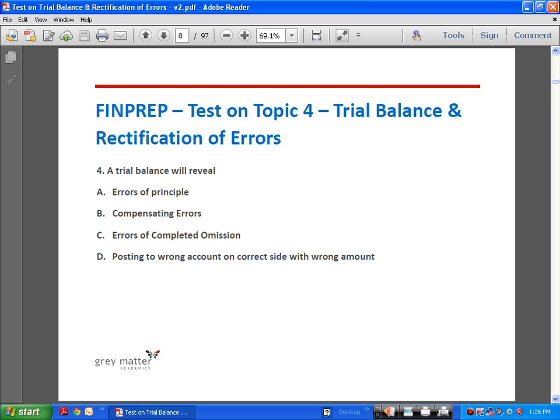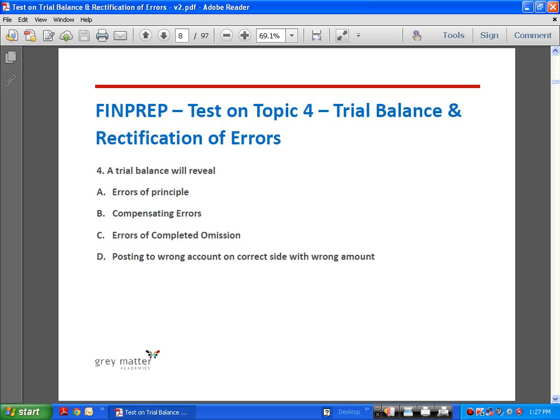A trial balance will reveal errors of principle, compensating errors, errors of complete omission, posting to wrong account on correct side with wrong amount. Right? A is not correct because a trial balance will not reveal errors of principle. B, compensating errors. Compensating errors means one error compensates the other.